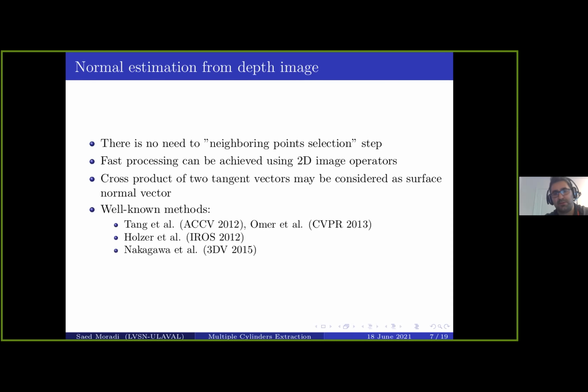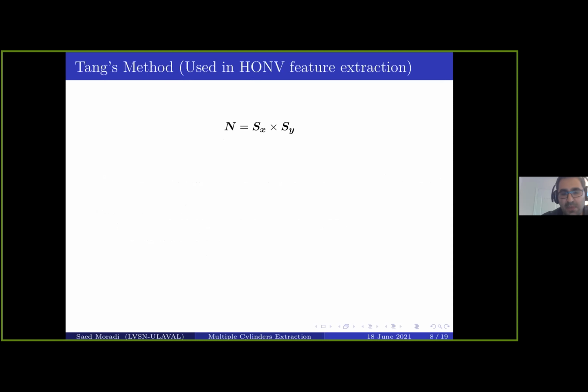There are some methods in the literature which are well known in this area and highly cited. So we use these methods as baseline algorithms to compare our method with. Okay, the first one is the Tang method. As in the other methods, the normal vector is the result of the cross product of two tangent vectors, Sx and Sy.